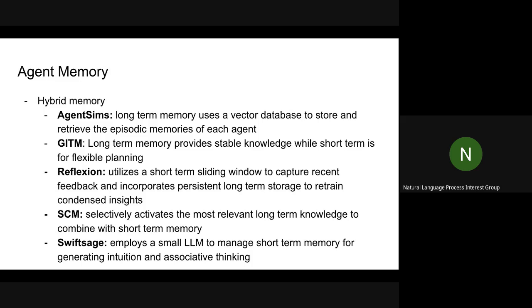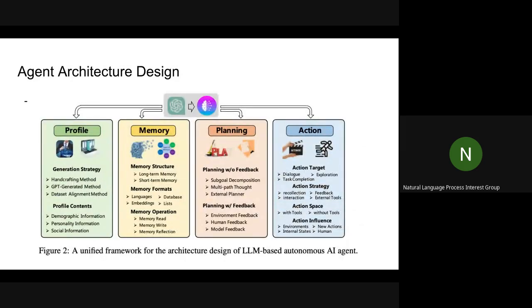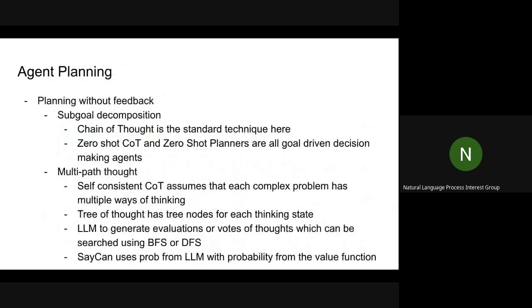So I would probably do another discussion just deep diving into each of these memory approaches. And then obviously planning and action also have a whole plethora of papers to go through too.